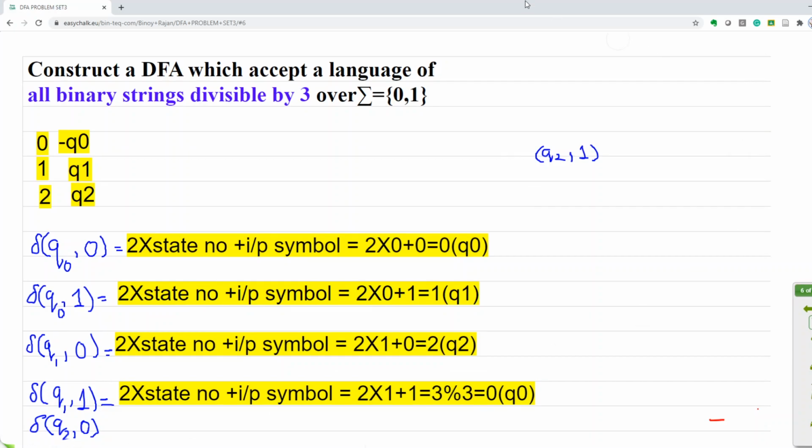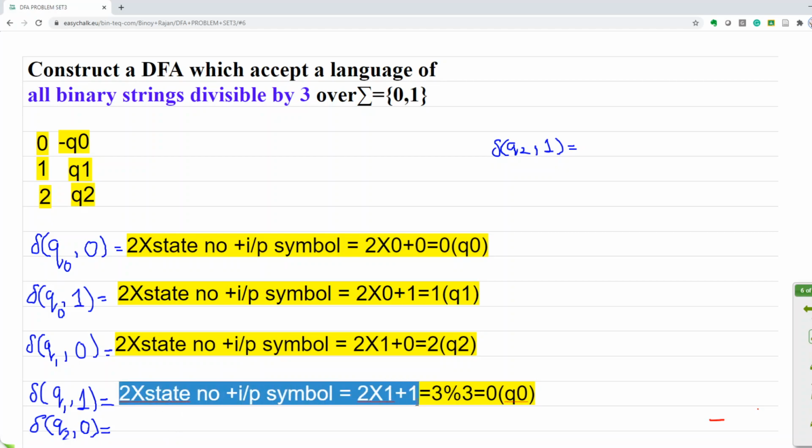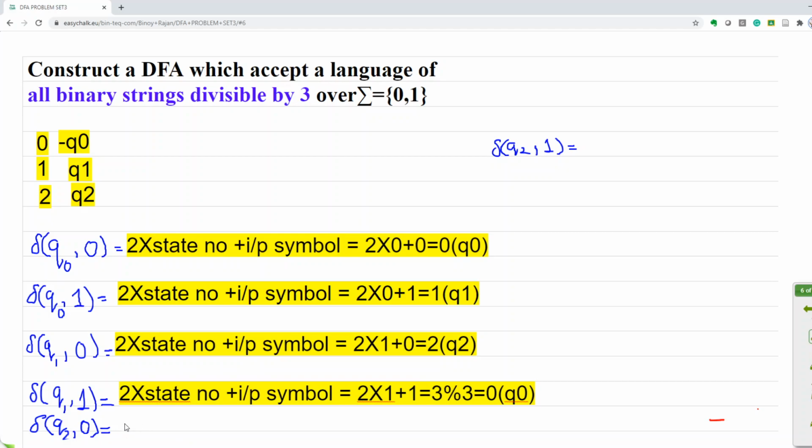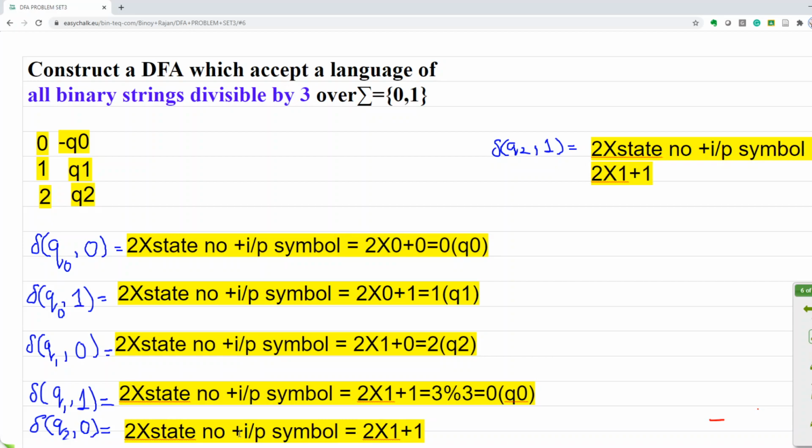So I need to work out delta Q2. I change the state number to 2 here, and the input symbol is 0.